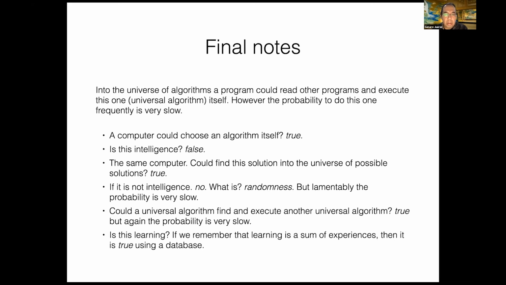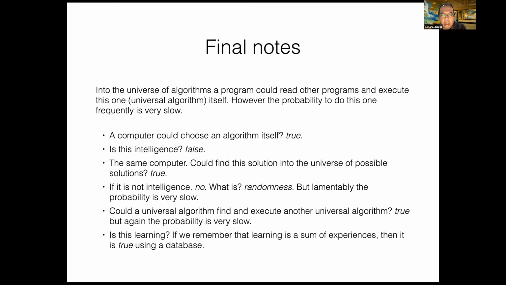Well, what happened with the same computer? The computer could find this solution in the universe of possible solutions. Yes, it is possible. Is it intelligence? No. So what is it? It is randomness.